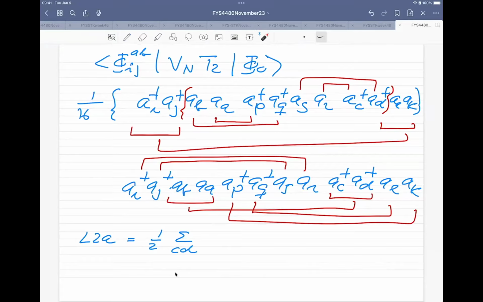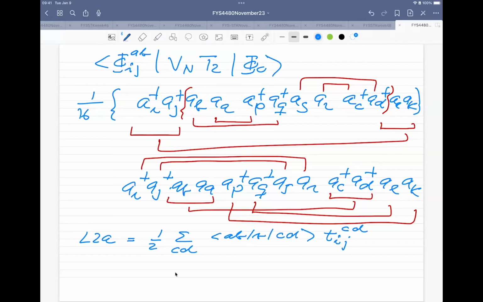So l and k have to be equal to i and j. And then I'm contracting with the operator, the particle states. And that is going to give me an interaction element, which is going to be equal to <ab|v|cd>. And this is multiplied with the amplitude. So i and j are fixed because we have contracted the hole states with themselves without involving the interaction. And then there is a cd here.